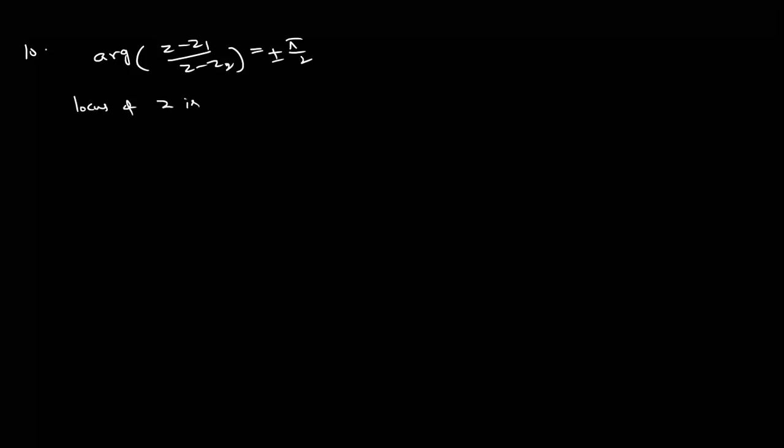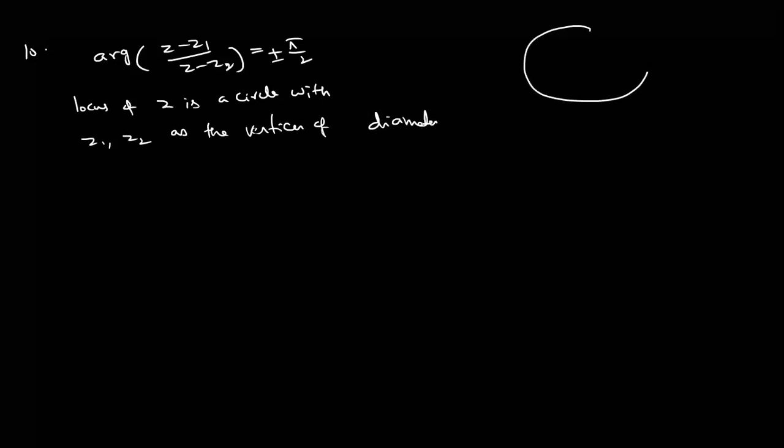Locus of z is a circle with z1, z2 as the ends of the diameter. That's the meaning. P of z2, A of z1. So dear students, you take a diagram like this.